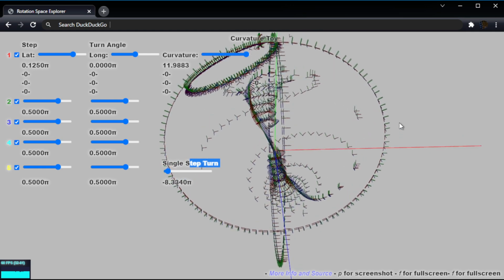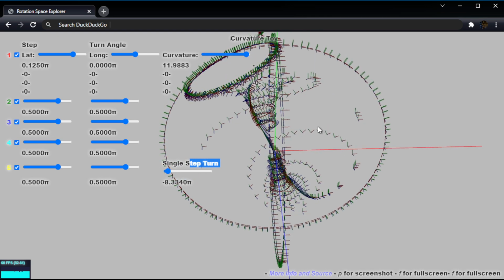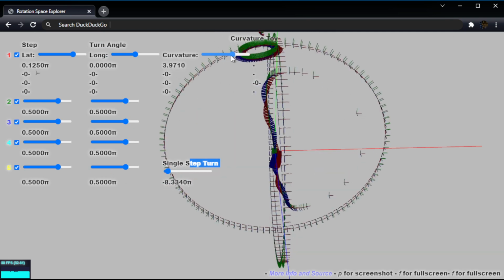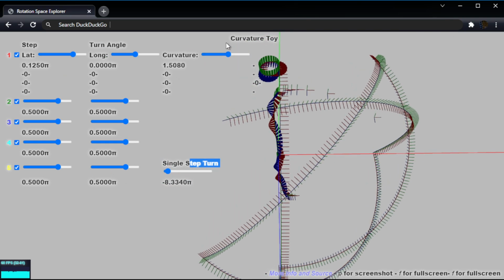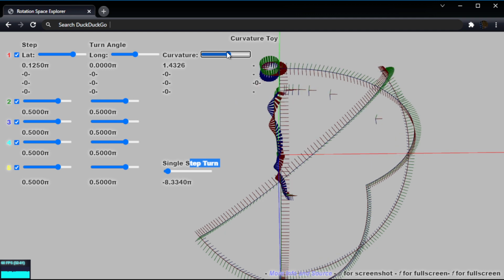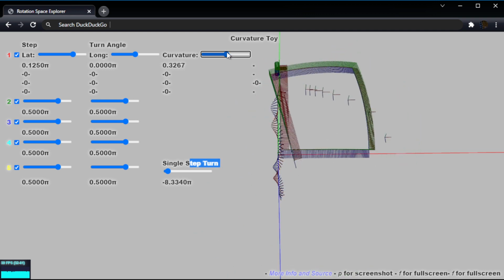But I kind of realize there's only so much curvature you can apply. All the way up to infinity, this is just going to keep cycling over and over and being smaller and smaller and smaller. So really, the smaller curvatures are kind of more interesting.